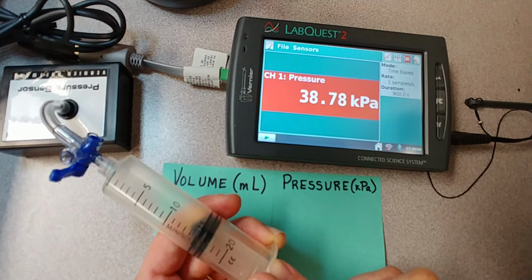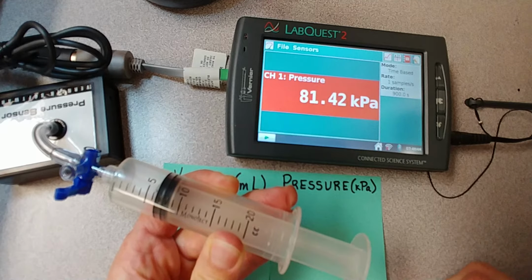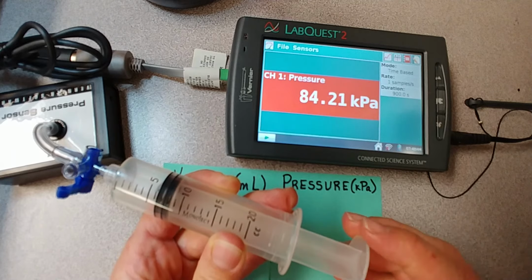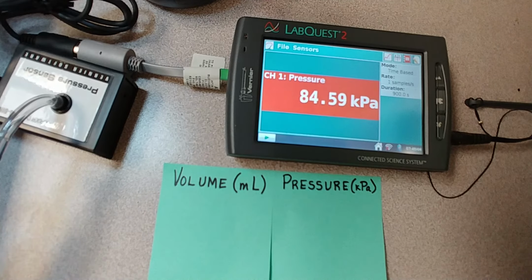Now notice what happens when I turn loose of this syringe. So I also want you to think about what is going on there. So those are your data points. Now go ahead and open up that Vernier Graphical Analysis that we've used before. Input your data points and see if you can figure out how these two variables are related mathematically.